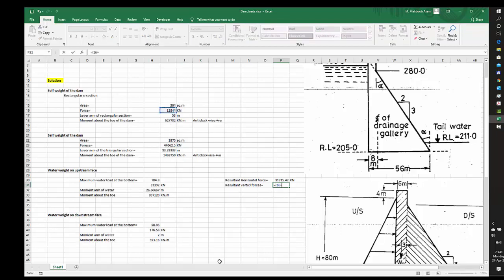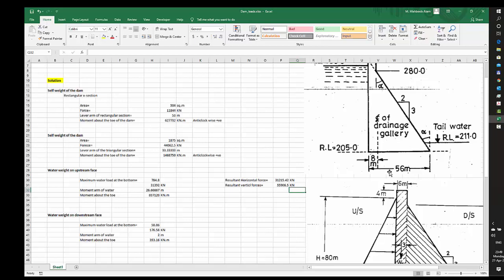This plus this is the total vertical forces. So we simply calculated the two kinds of forces here, the vertical and horizontal.